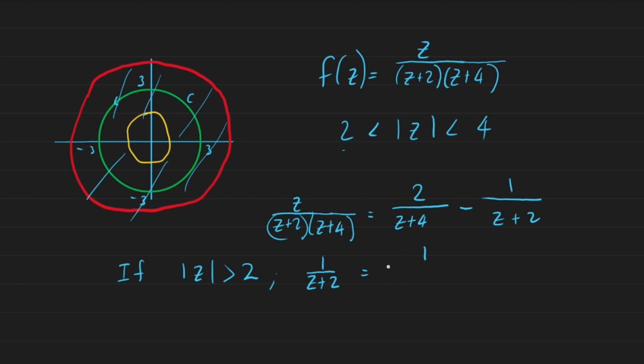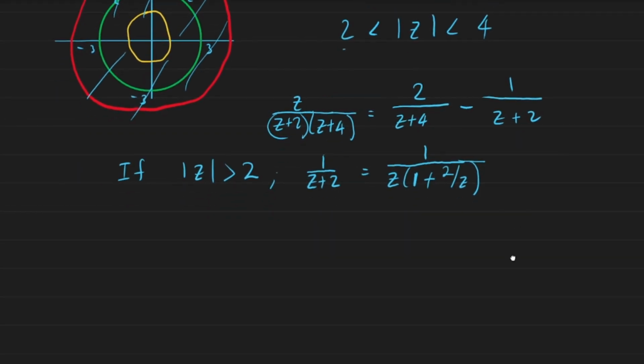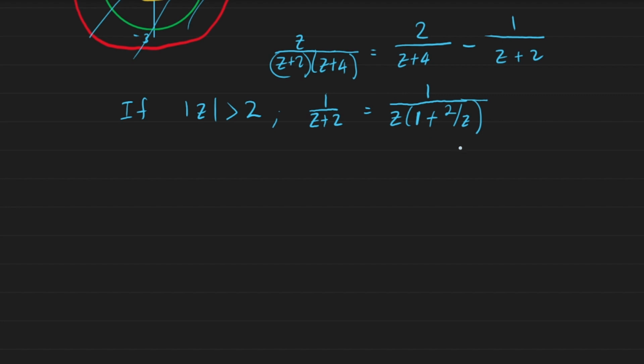So if I take out z as a common factor, then I get z times (1 plus 2 over z). How does it help me? It helps me because I can write this expression 1 over (1 plus 2 over z) in terms of the binomial theorem.